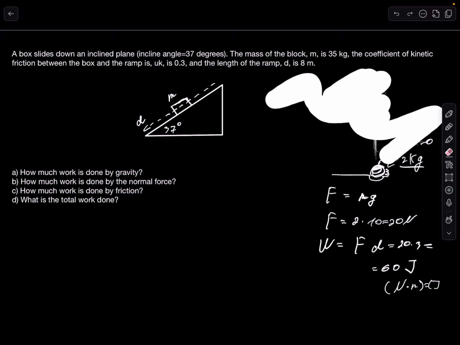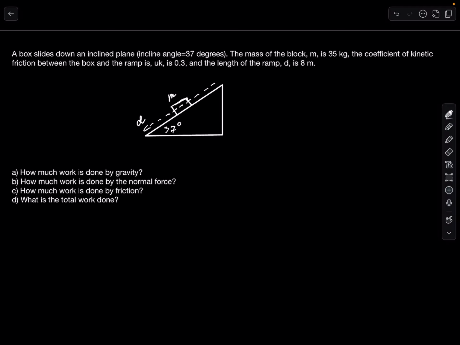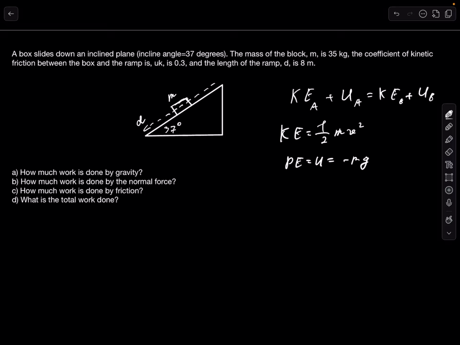That's a very simple overview of work. We're not diving into the conservation of mechanical energy, which is kinetic energy at point A plus potential energy at point A equals kinetic energy at point B plus potential energy at point B. We're not really talking too much about kinetic energy or potential energy here, which is also denoted PE or U. It depends on the reference frame.